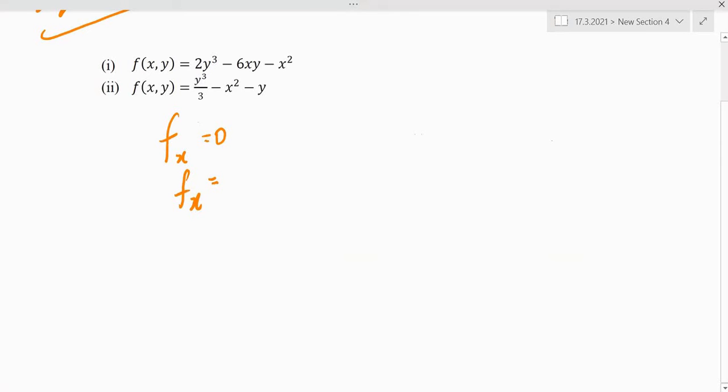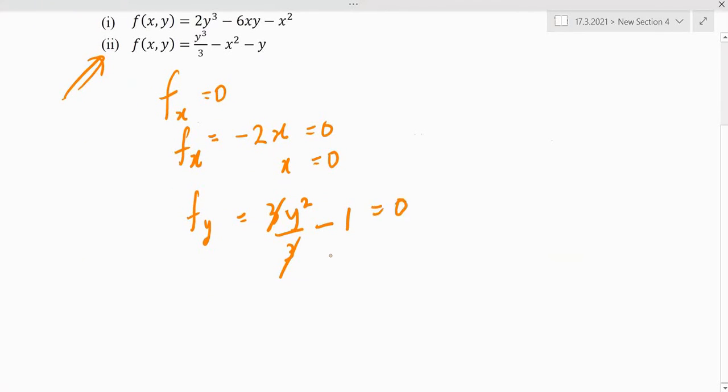So fx will be, we do number 2, negative 2x equals 0. So x will be 0. fy is 3y squared over 3 minus 0 minus 1, which is y squared minus 1. This is (y minus 1)(y plus 1).